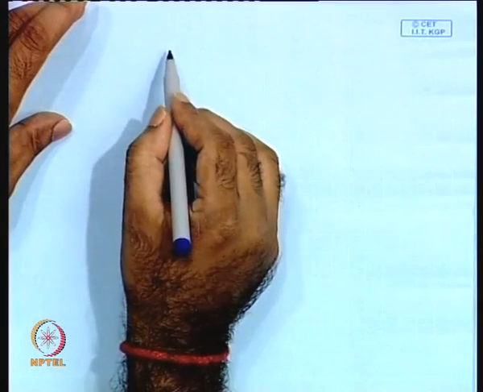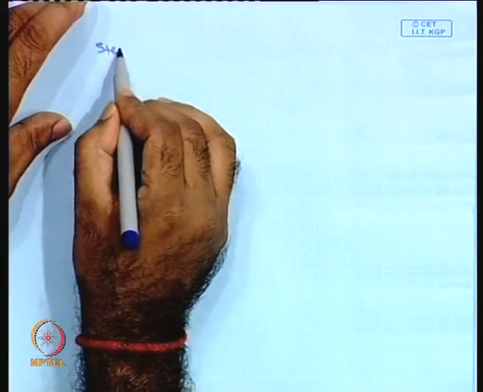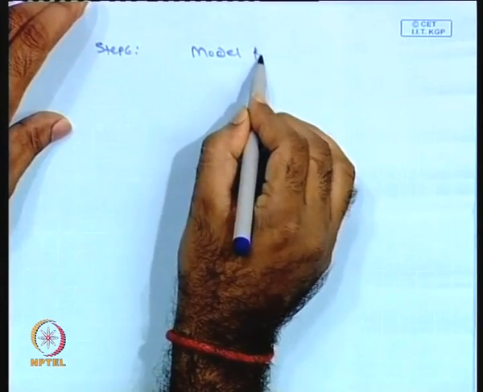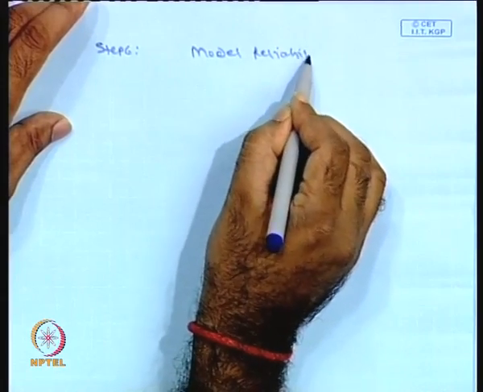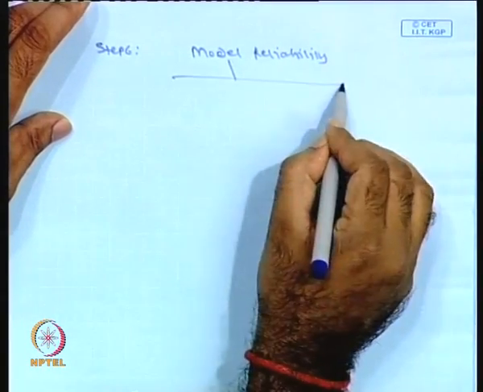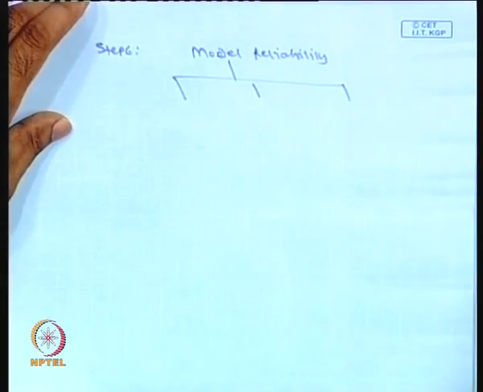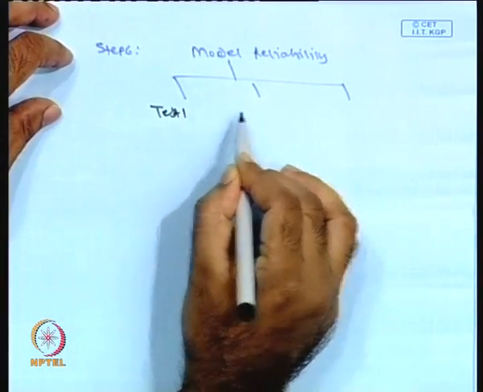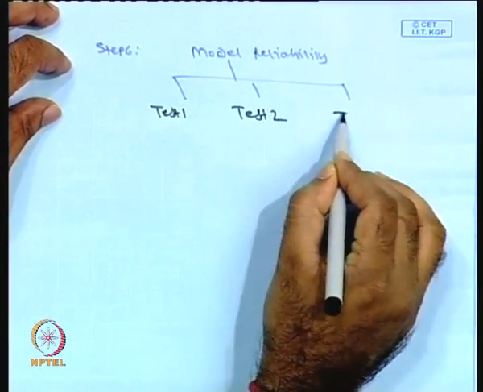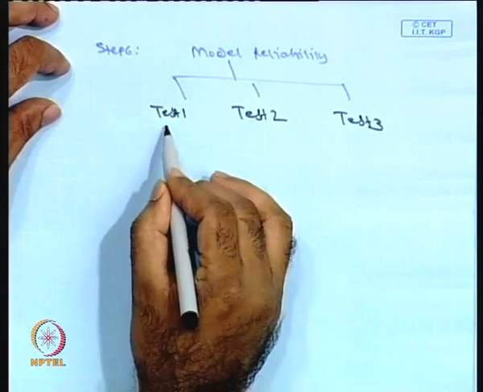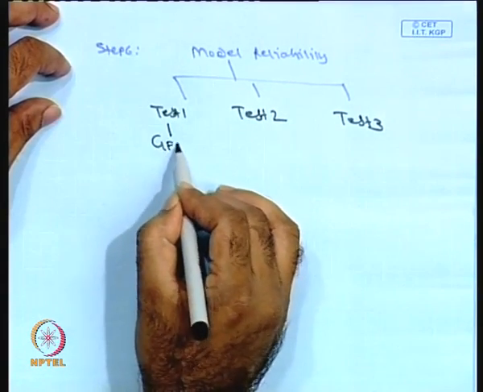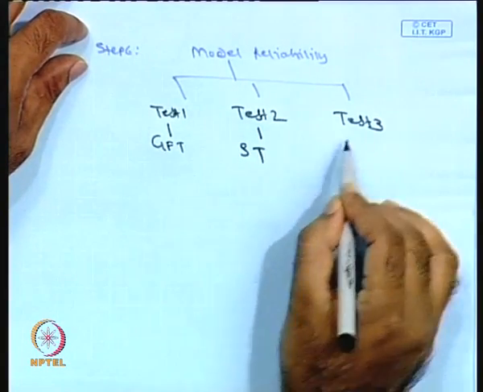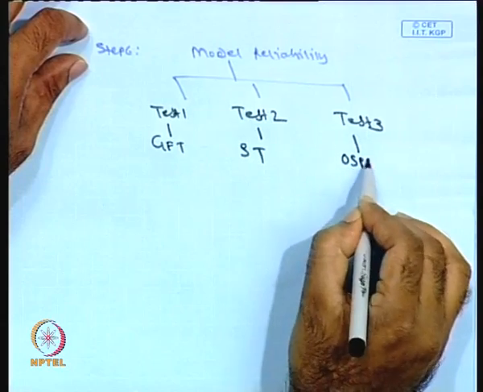So, now the model step 6, this is model reliability. So, now this is test 1, this is test 2, this is test 3. This is nothing but goodness of fit test, this is nothing but specification test, and this is out of sample prediction test.